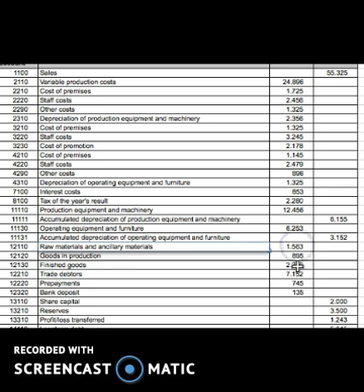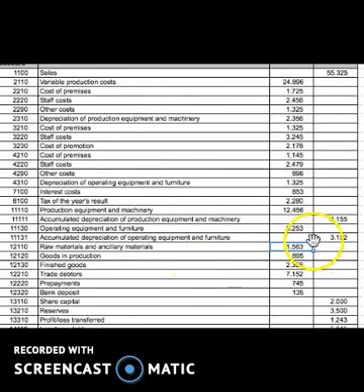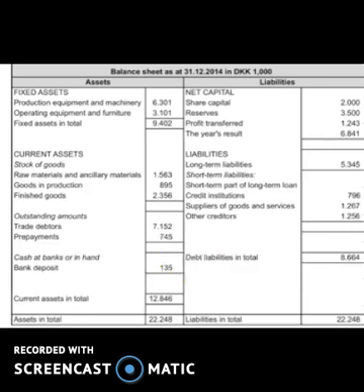You see here we just take the figure and move it over to the balance sheet. Then the next one is goods in production, 895. Then we have finished goods.